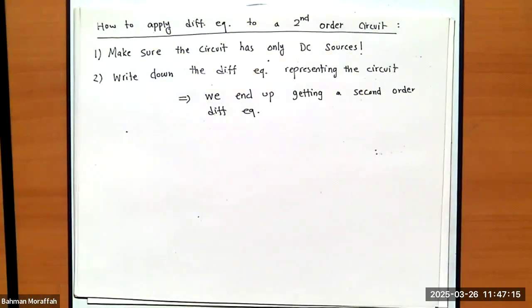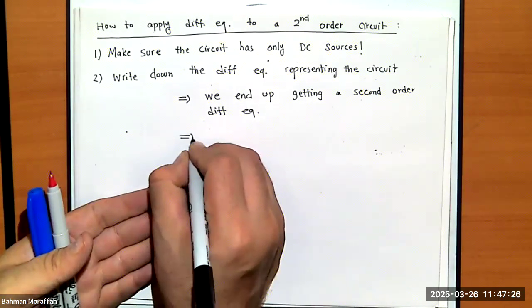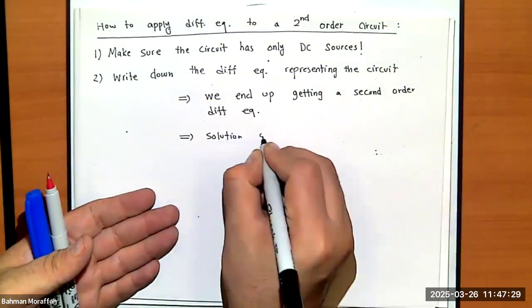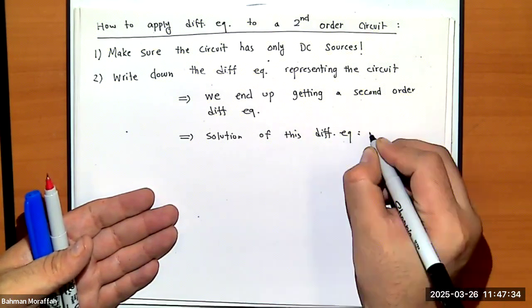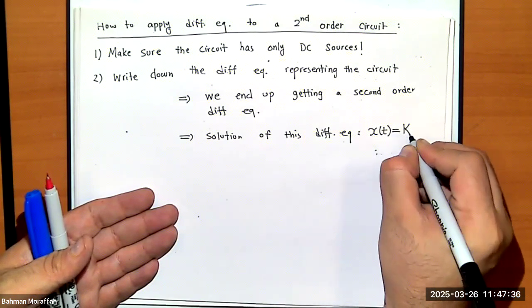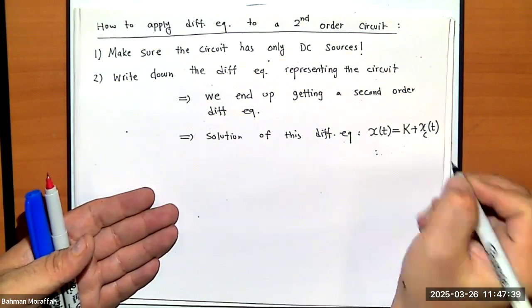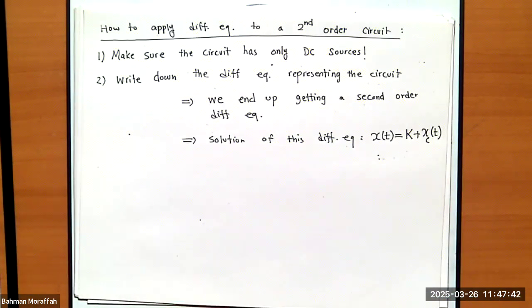We know the solution for a second order differential equation with constant force is some constant plus my complementary solution, right? So the solution of this differential equation is x of t equals some constant k plus x complementary of t, right? Now I have to find x complementary of t. To find x complementary, we're going to have to find the characteristic function.